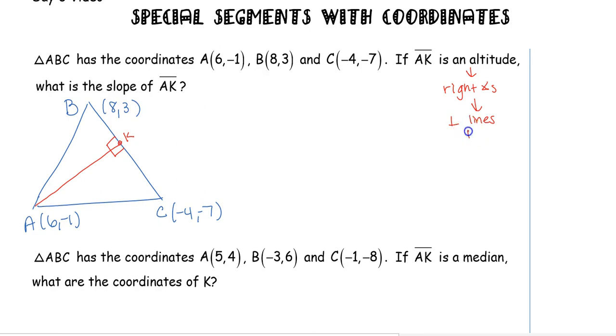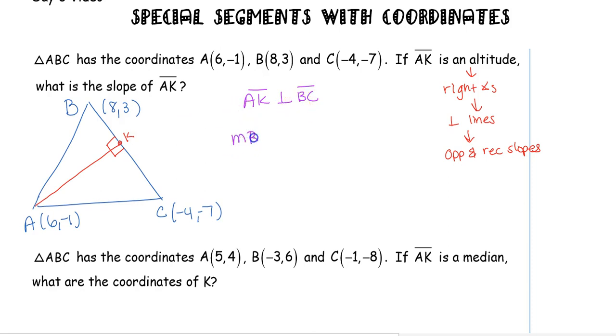We know that perpendicular lines have opposite and reciprocal slopes. So if AK is going to be perpendicular to BC, that means AK's slope is going to be the opposite reciprocal slope to BC.